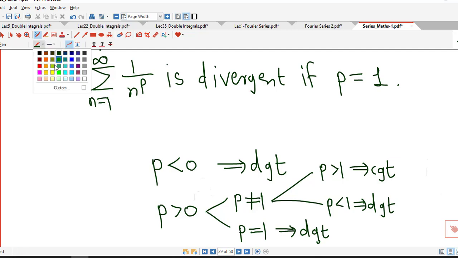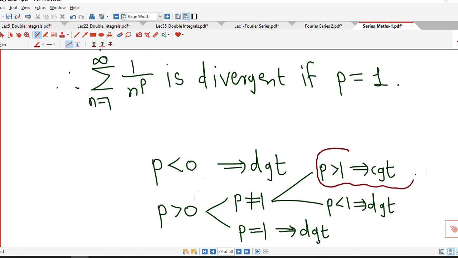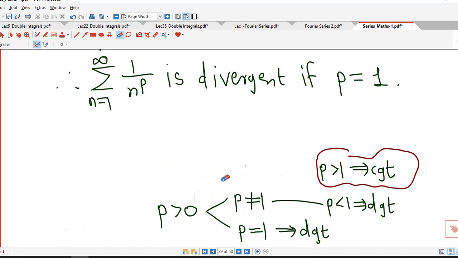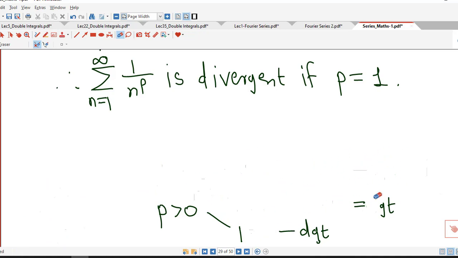So in all possible cases, we conclude that the series is convergent if and only if p is greater than 1, or the series is convergent if p greater than 1 and divergent if p is less than or equal to 1. So we have shown that the p series is convergent if and only if p is greater than 1.